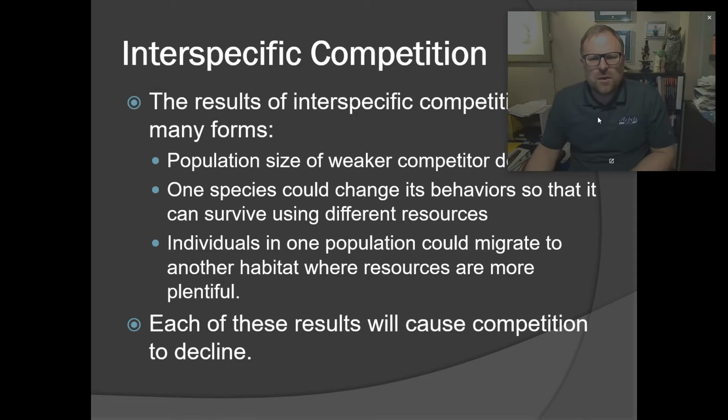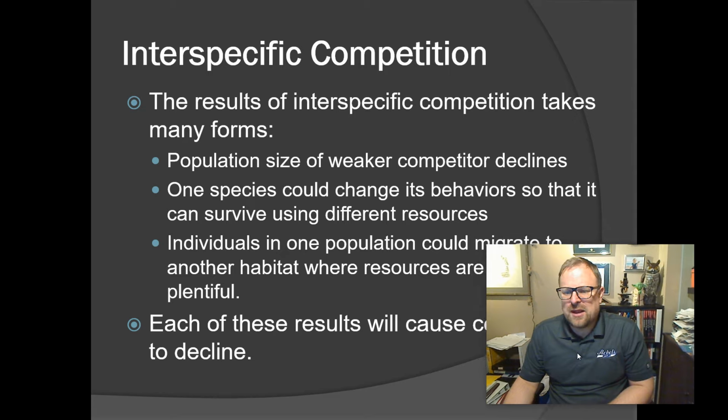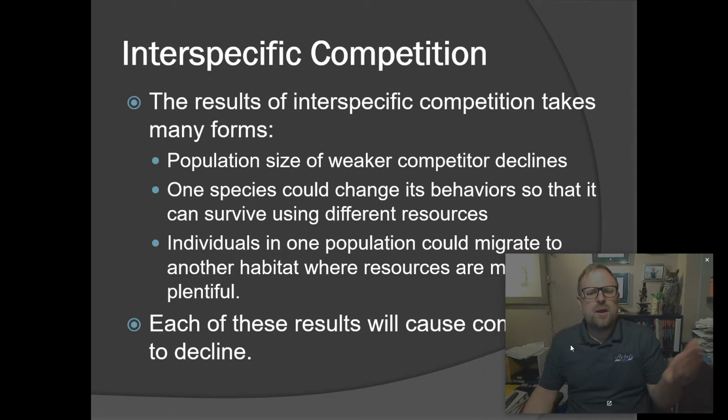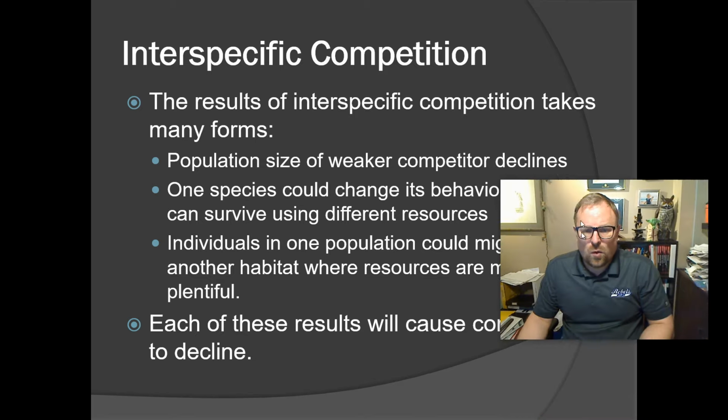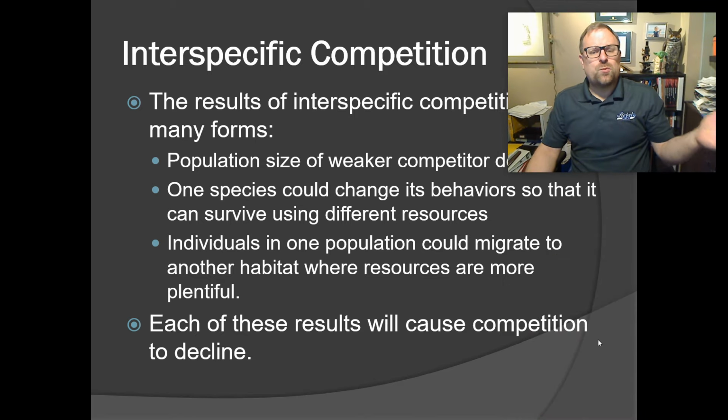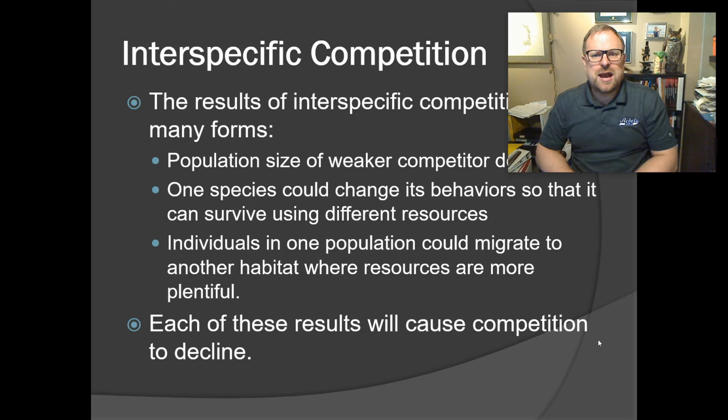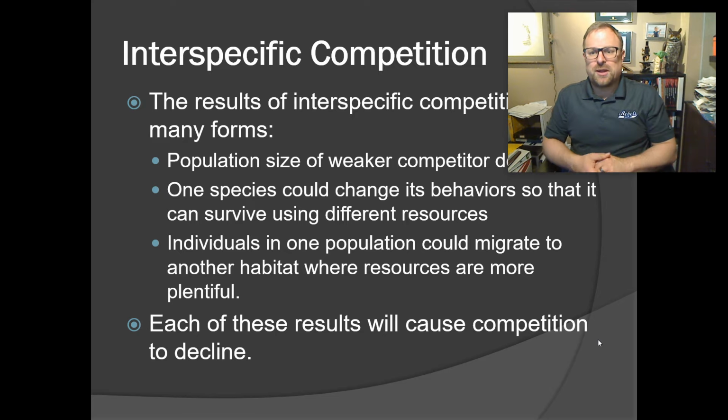The results of interspecific competition can take a lot of forms. First, the population size of the weaker competitor starts to decline. One species, like I talked about, could change its behaviors so that it can survive by using different resources. Or individuals in one population could migrate to another habitat where resources are more plentiful.